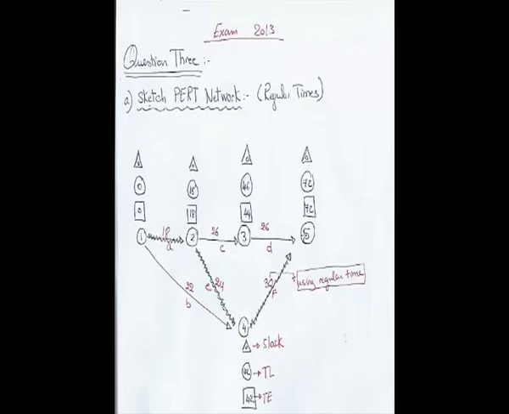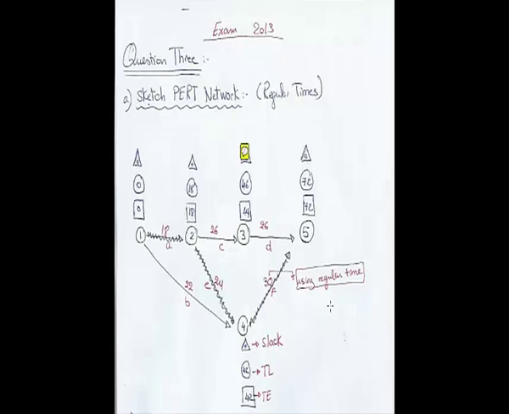Then you calculate the latest time, which is the same as for the last event here, 5. The latest time equals the earliest time, which is 72, and the slack is the difference between both of them, which equals 0. And you continue in the same manner.